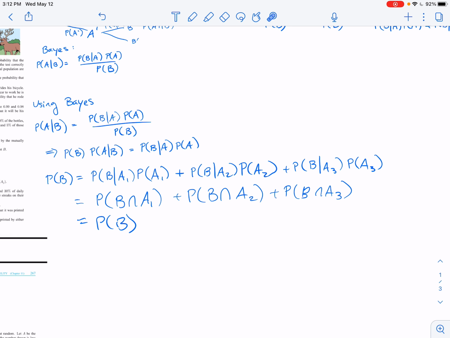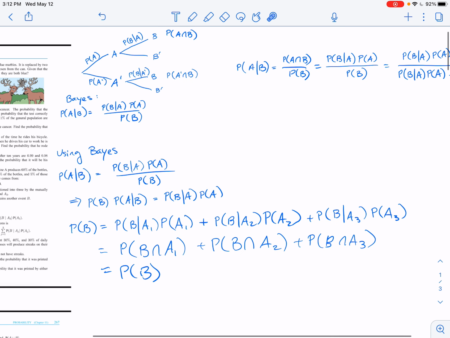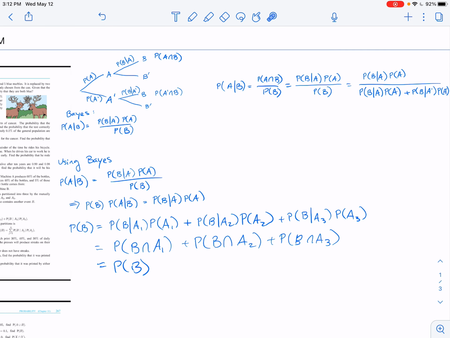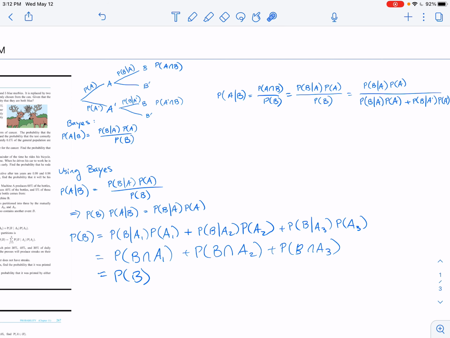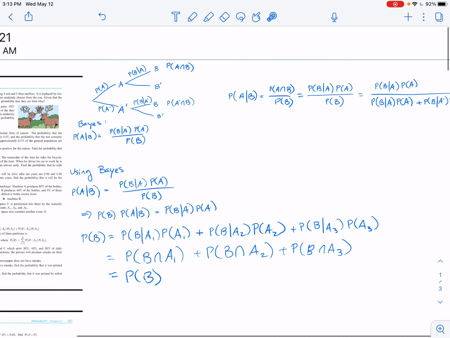Then what I realized, as I wrote more stuff, I erased some of it, but here's a lot to work with. What I realized is that the probability of B given A times the probability of A, so that means the probability of B given A is this thing right here, times the probability of A. That's the intersection of the two things.